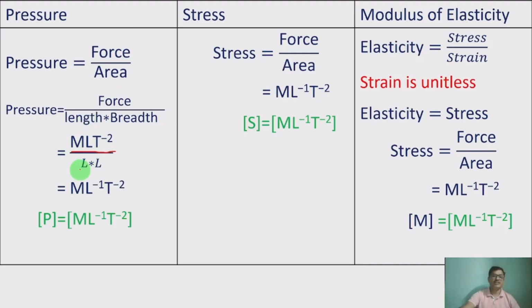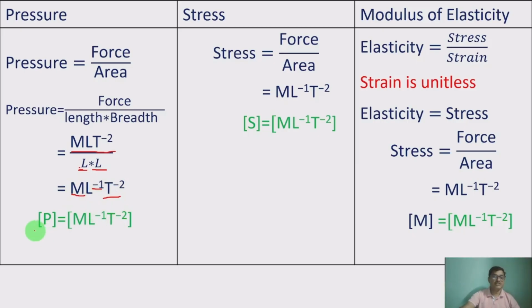Then length and breadth, again we take the two lengths, length and length, the physical quantity we are going to get. Then the two lengths are there in the denominator, so one negative power and another get combined, and the dimensions we are going to get are M L raised to minus 1, T raised to minus 2.